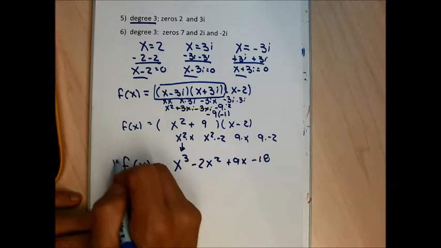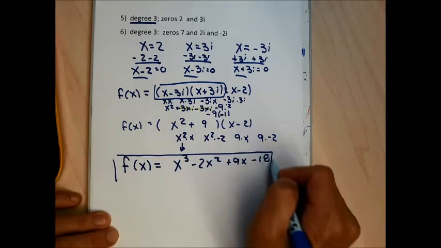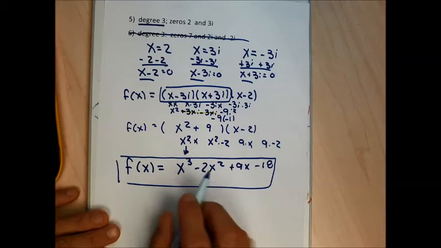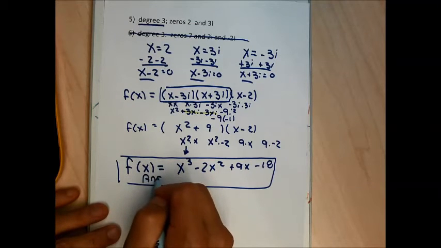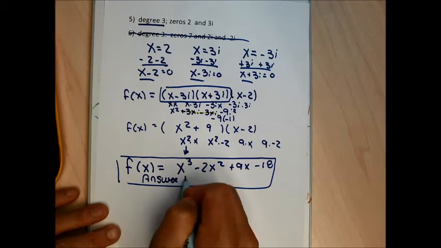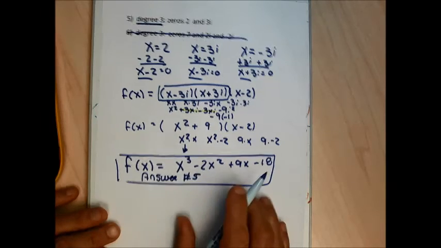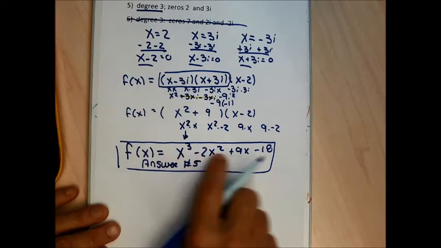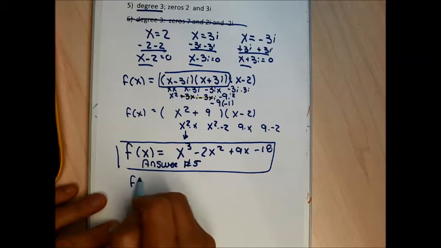I claim this is my answer to problem 5. So I did problem 5 and not problem 6, and this is the answer to problem 5. I can check any of these. To check the x equals 2, I'd plug in 2 for x's and make sure that I get 0.